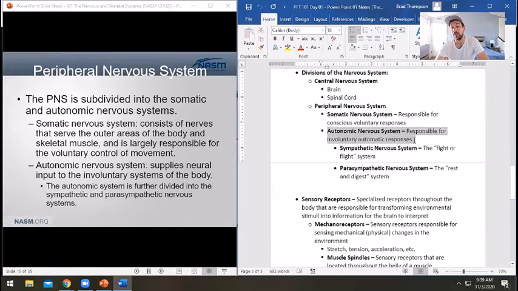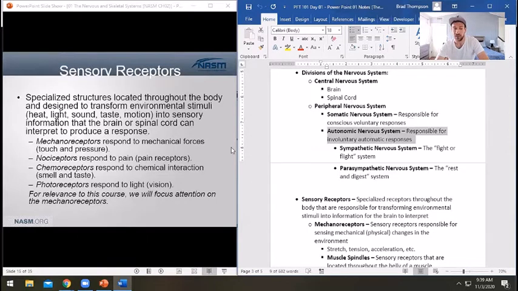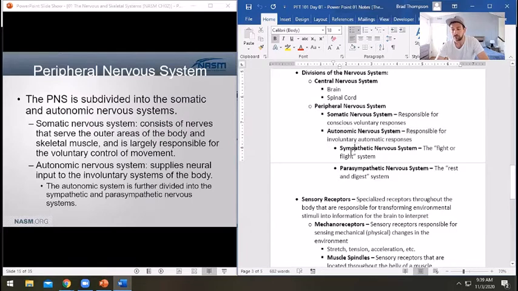Now, autonomic is going to divide into two other main sections, or two other main decision types, which are either going to be your fight or flight responses or your rest and digest responses. So these are either situations where your nervous system is going to freak out, or situations where your nervous system calms something down.